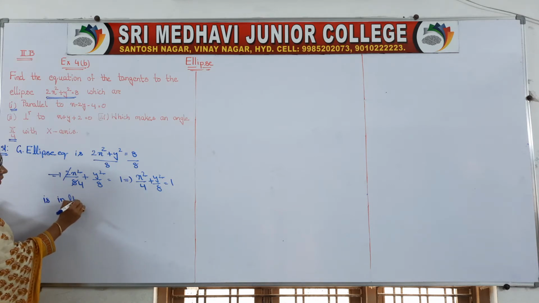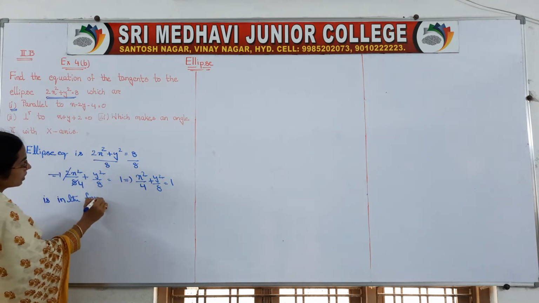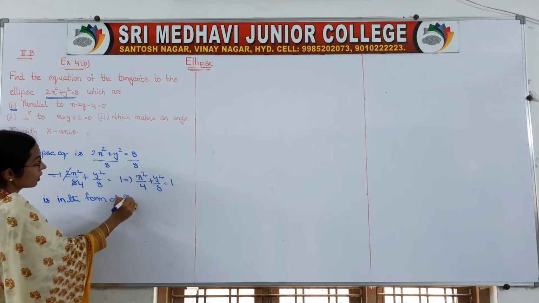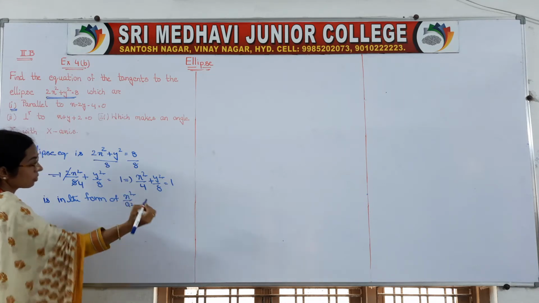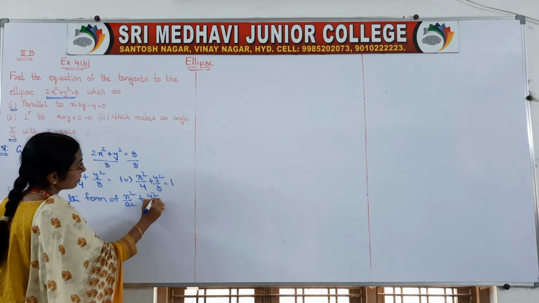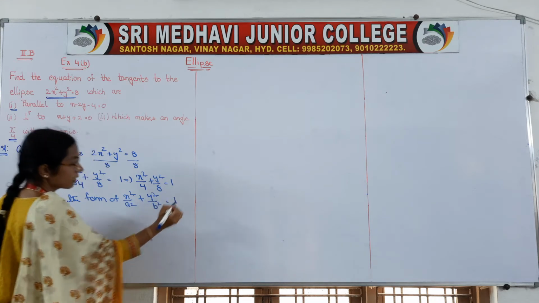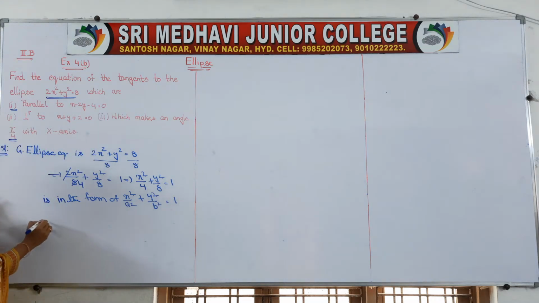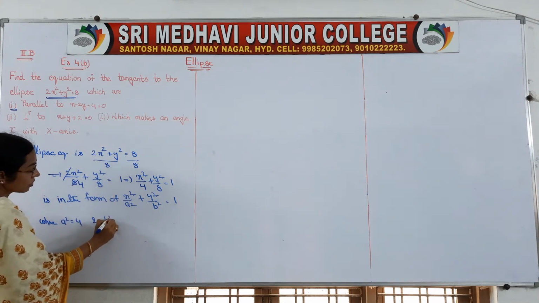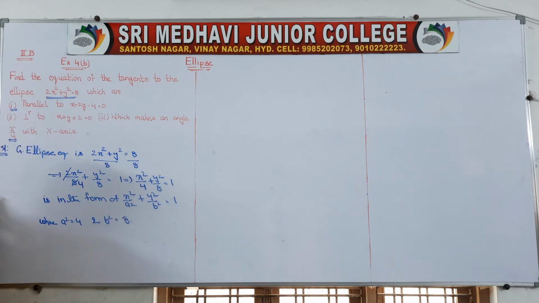The form of x square by a square plus y square by b square is equal to 1. So where a square is equal to 4 and b square is equal to 8.